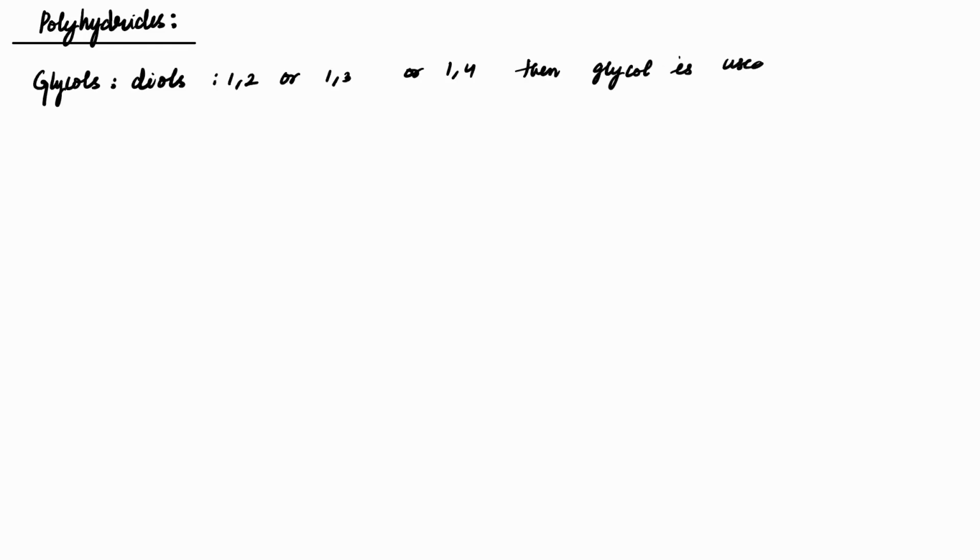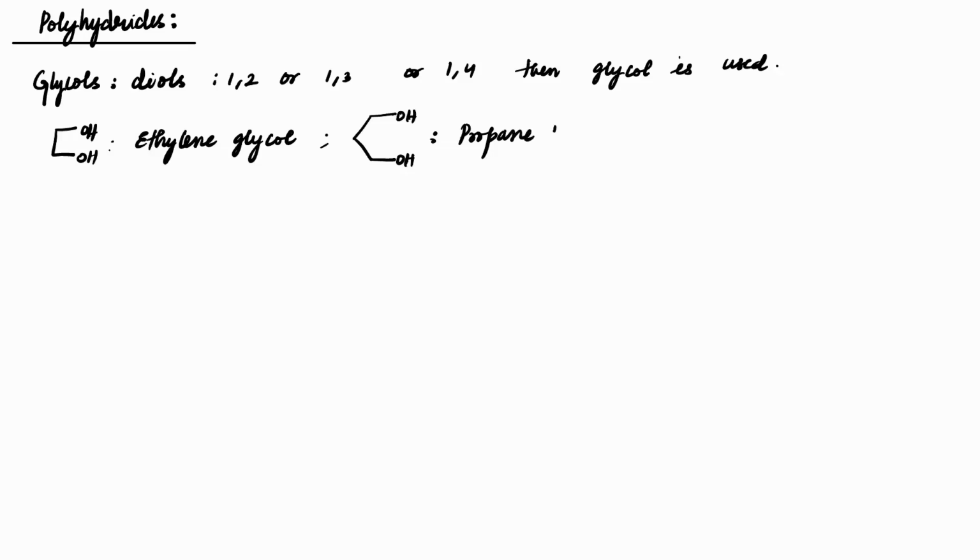Okay, so suppose you have OH and OH, the common name for this is ethylene glycol. If you have it like this, OH and OH, we call it propane 1,3 glycol.